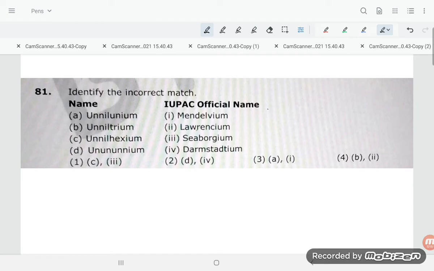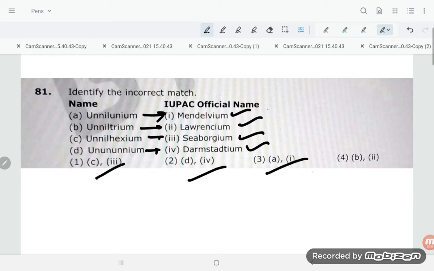Unnilunium is mendelevium, that is correct. Unniltrium is lawrencium, that is again correct. Unnilhexium is seaborgium, that is again correct. Unnilennium is darmstadtium, this is again the darmstadtium. So they are saying identify the incorrect match. So C and third, that is correct. D4 correct, A1 correct, B2 correct. All are the correct ones, students.